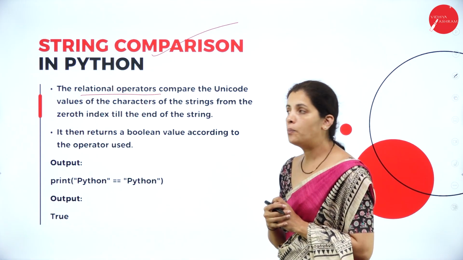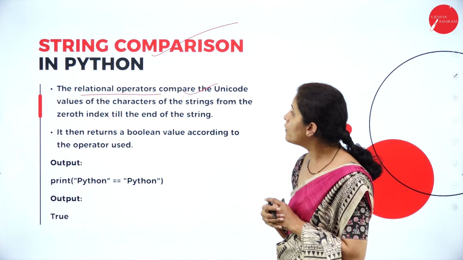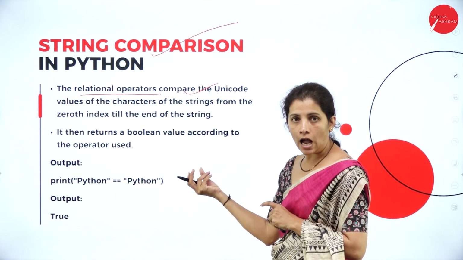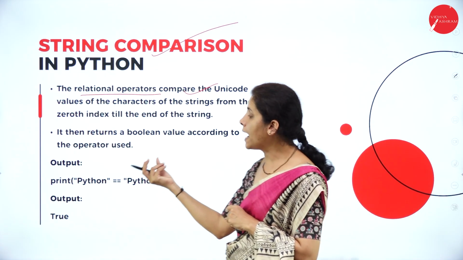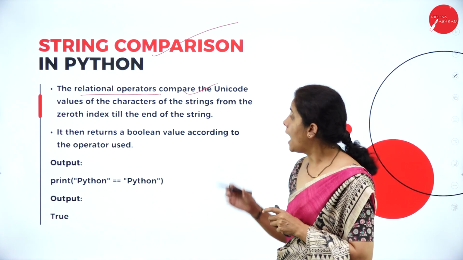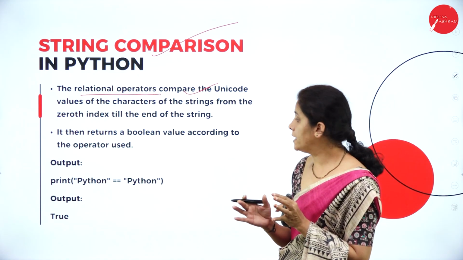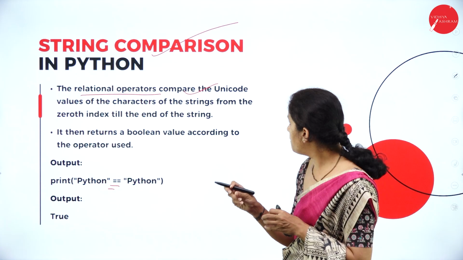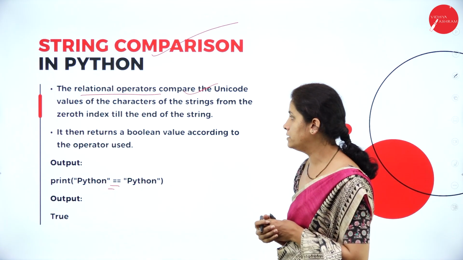The relational operators compare the Unicode value of the characters. Here the characters are converted into Unicode and each character has its own Unicode value. And in Python, I'm going to use the relational operator, that's nothing but the equal symbol, to compare the Unicode values of the characters.